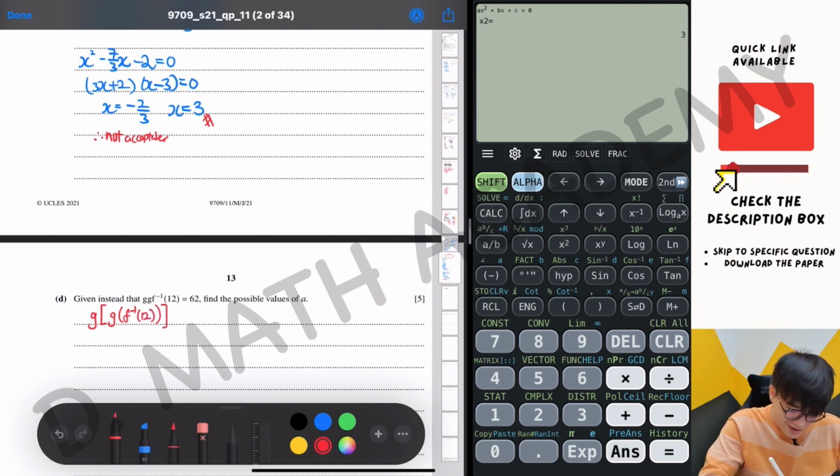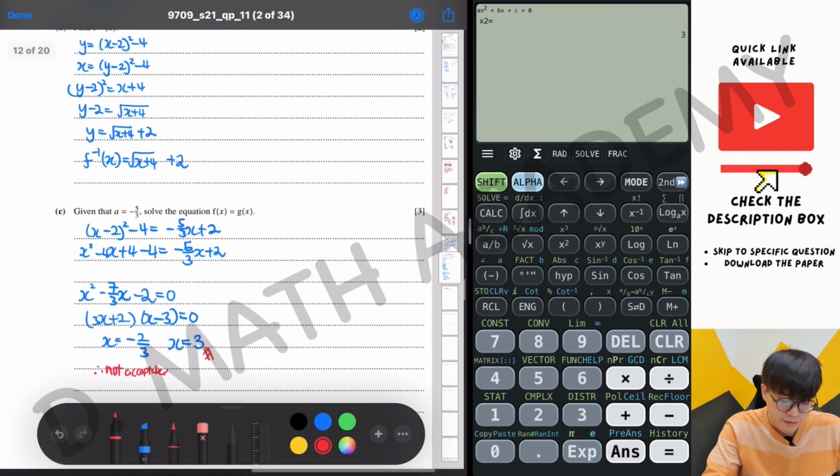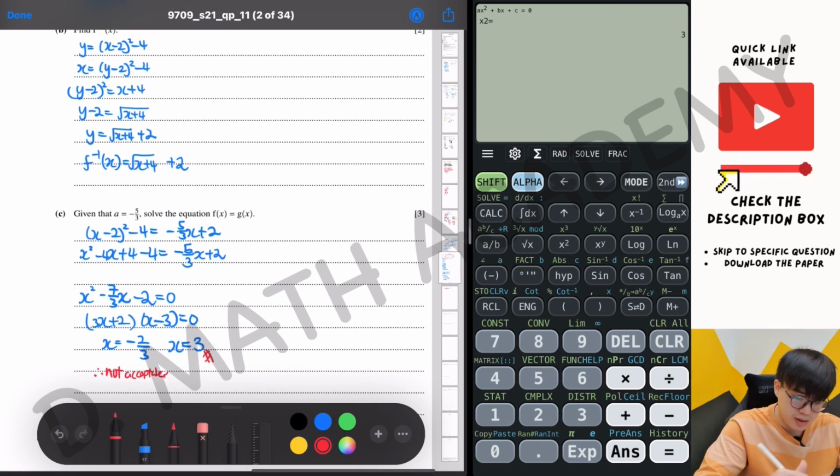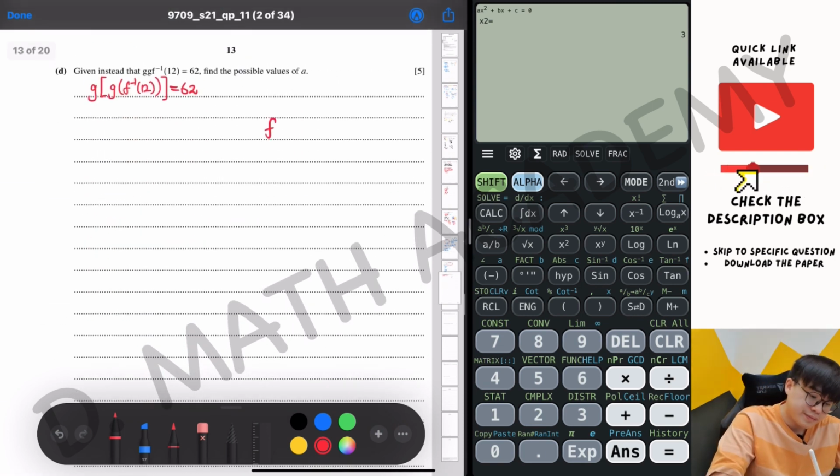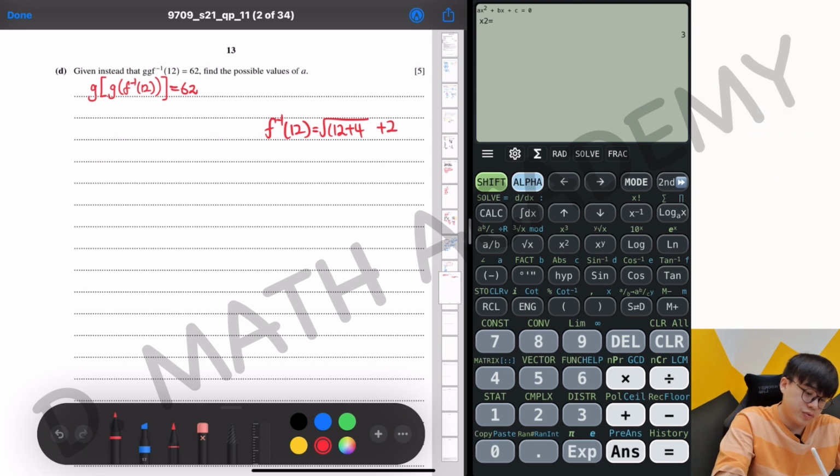Okay, interesting. And it equals 62. So if I were you, I would solve the f inverse 12 first. f inverse was this. Okay, let me write down the calculation. This actually goes by 12 plus 4 plus 2.